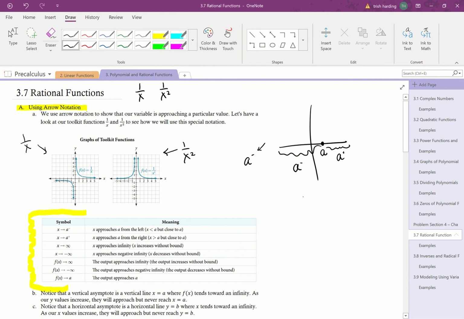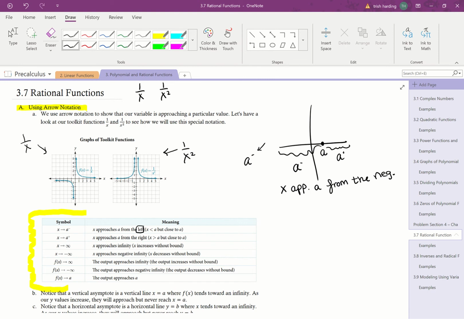So you can think of this as x approaching a from the negatives. But really, it's x approaching a from the left, because it won't necessarily always be negative. So if your left is your negative, obviously your right is your positive.